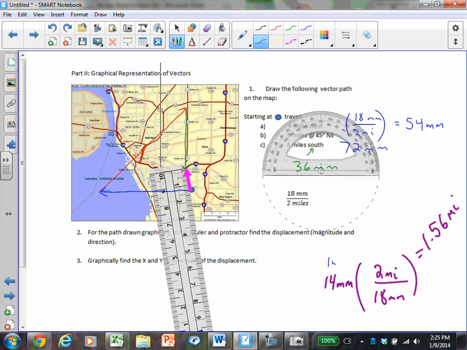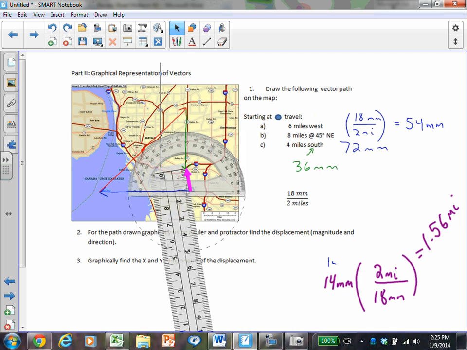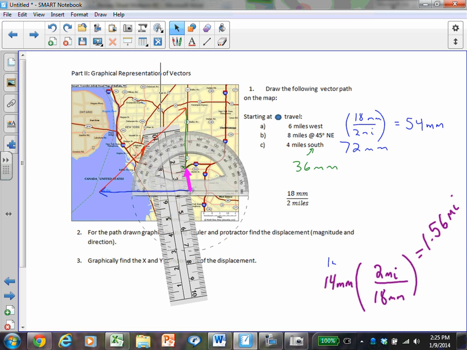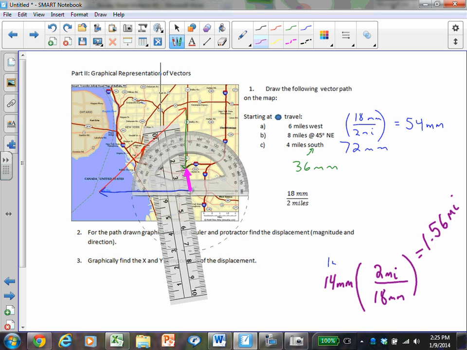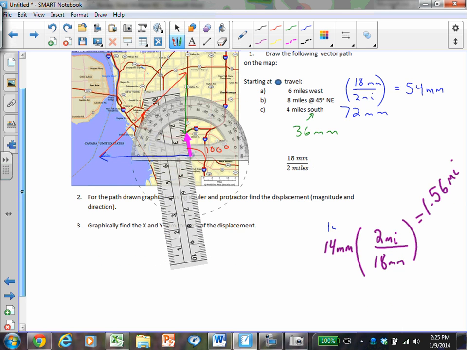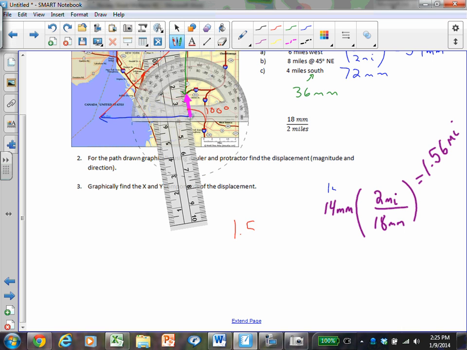Okay. Now the angle that it's at, if I take my protractor, put it on there, I get about 100 degrees over like this. So it would be 1.56 miles at 10 degrees west of north.